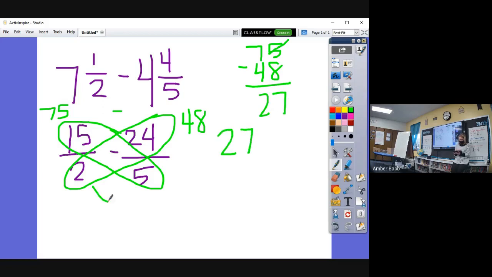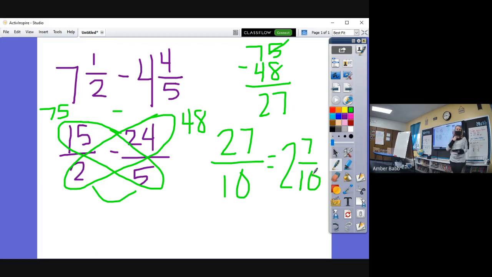Okay. What's my denominator? 10. Okay, turn this back to a mixed number. Same answer as last time. 2 and 7/10. Yeah. 2 and 7/10.